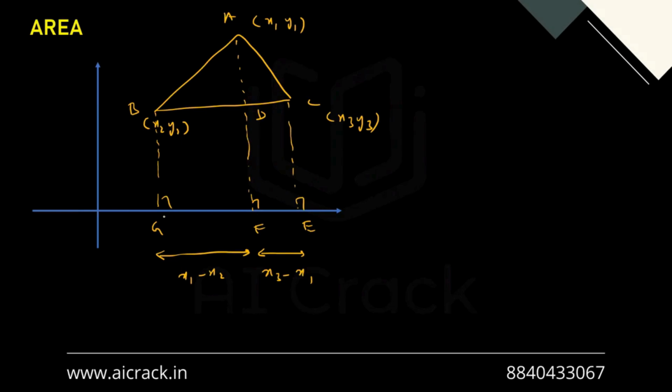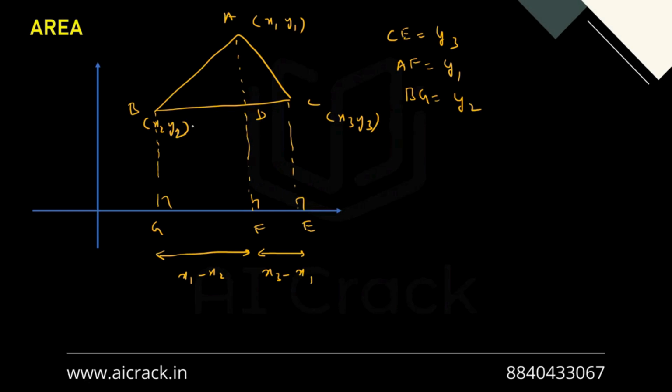This is x1, this is x3, so x3 minus x1. Similarly, CE length would be y3, AF length would be y1, and BG length would be, sorry, this is y2. Yes, BG length would be y2, right?